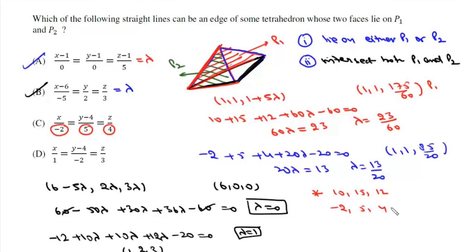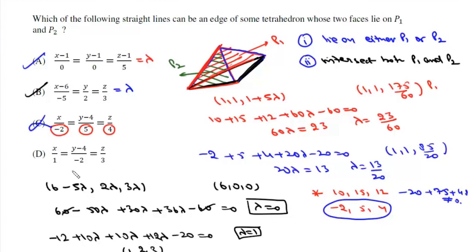Now for this line, it is actually perpendicular to this second plane, so it doesn't lie in the second plane. And also for this first, if we check a1 a2 plus b1 b2 plus c1 c2, it will be -20 plus 75 plus 48. It is also unequal to 0. So this line doesn't lie in either of the two planes. That means it cannot be an edge.